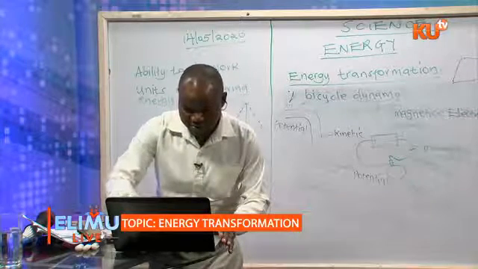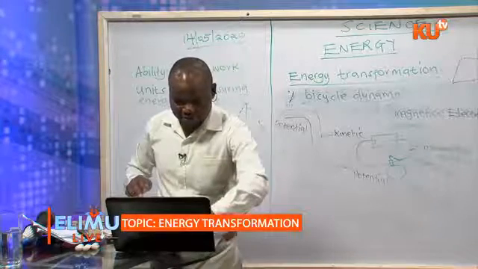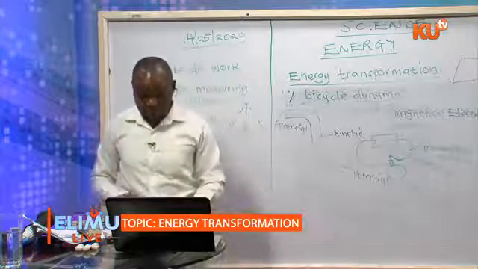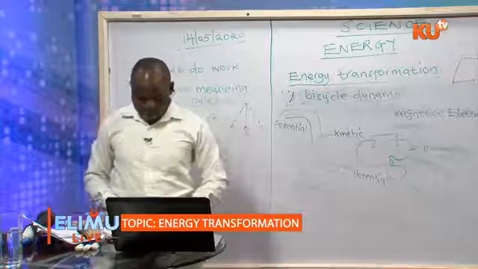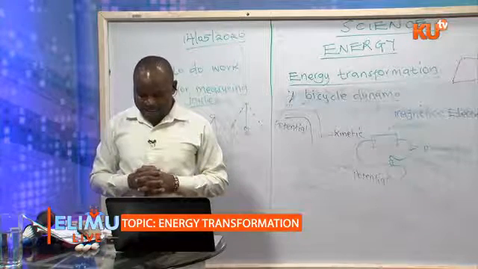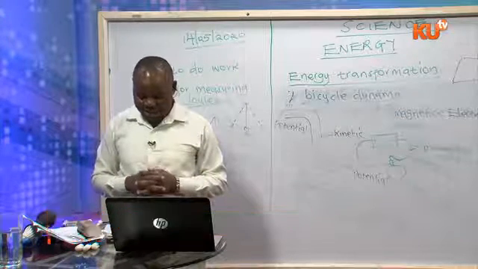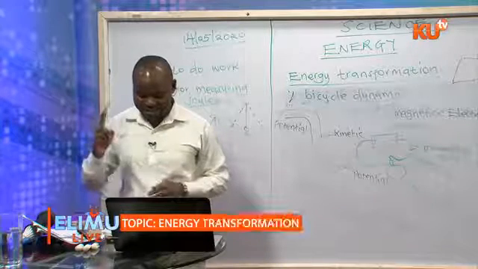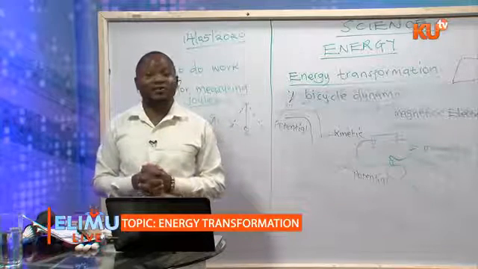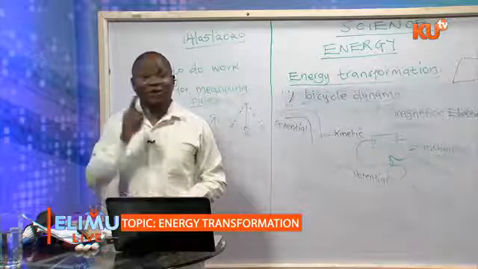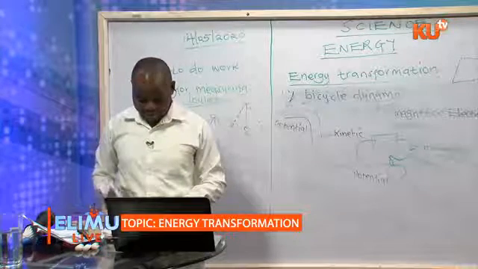Let me take you through. The question reads, which one is the energy transformation that takes place when a radio that uses a dry cell is in operation? Question 5, 2005.